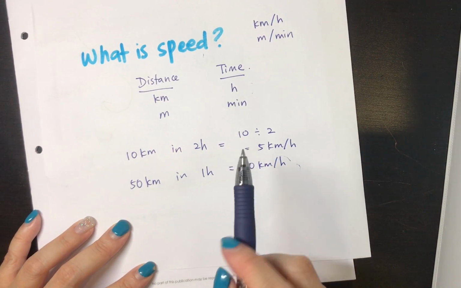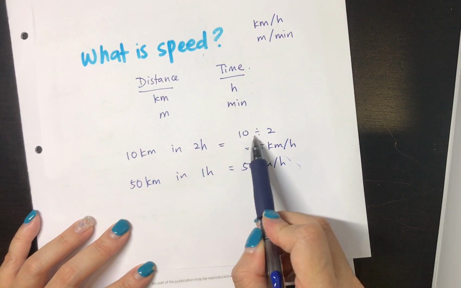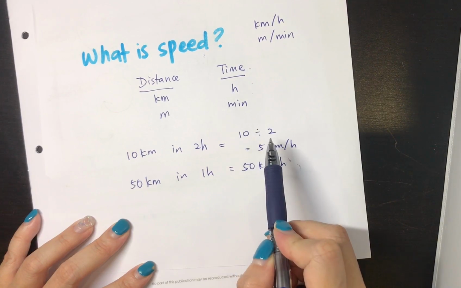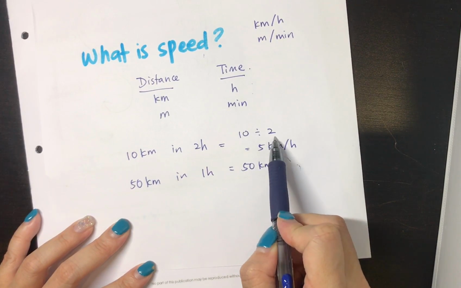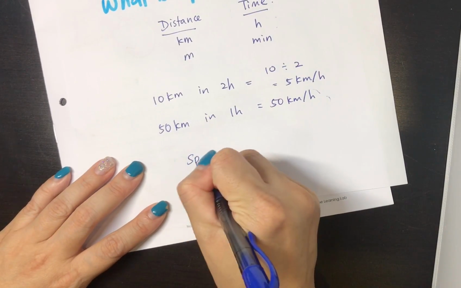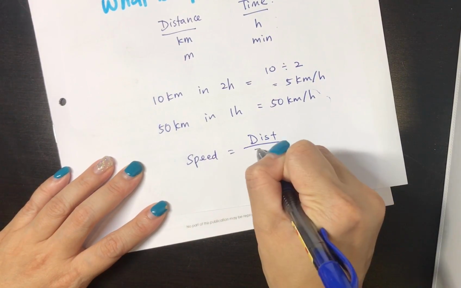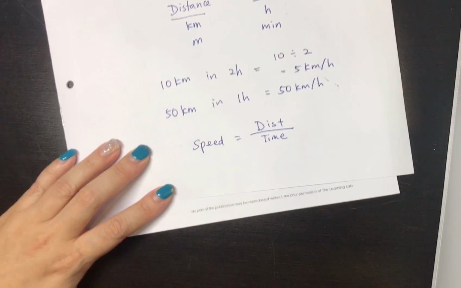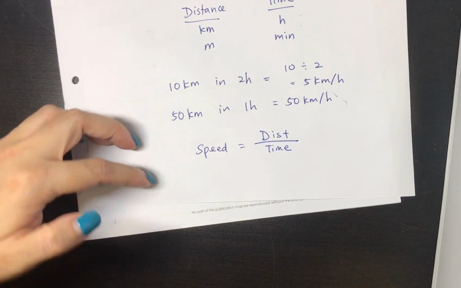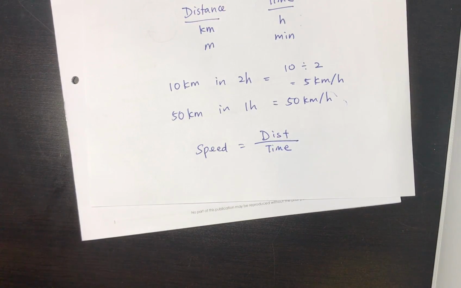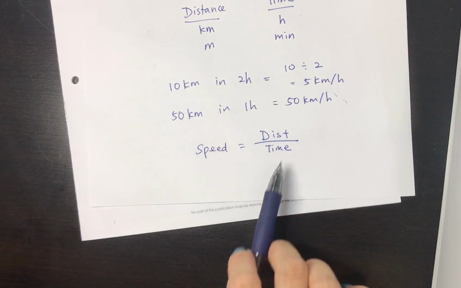So this is how the formula is like. You take the distance divided by the amount of time to get speed. So just to summarize, speed is distance over time. Okay, now is this formula something that you will need to memorize like this?